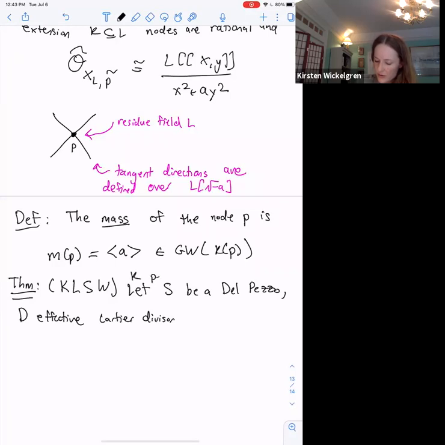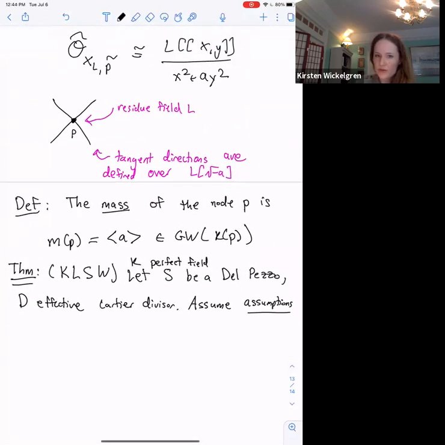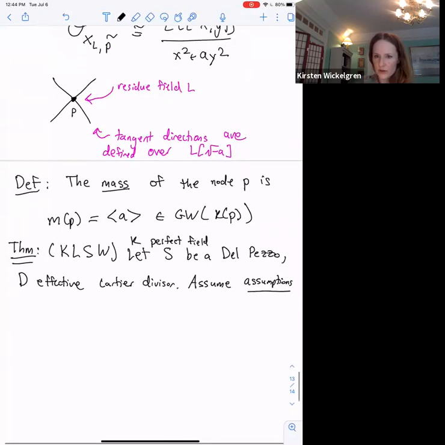K will be a perfect field. And suppose the assumptions. This includes the case of P2 and P1 cross P1 and blow-ups for those degree restrictions.